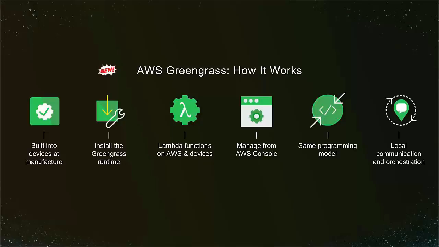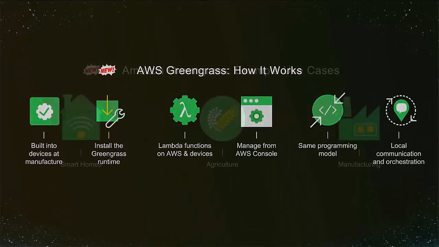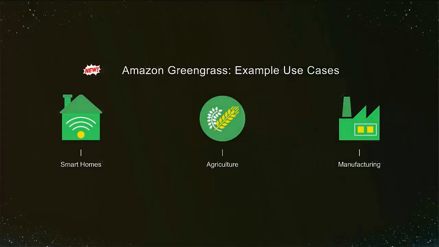This is a service that is currently in preview. If you can see use cases for AWS Greengrass within your organization, maybe you're producing smart home products or connected agriculture equipment, or you have a manufacturing, resource extraction or maintenance use case where you think this kind of capability could be valuable for you, I'd really encourage you to talk to us about that. We are admitting customers into the preview right now.